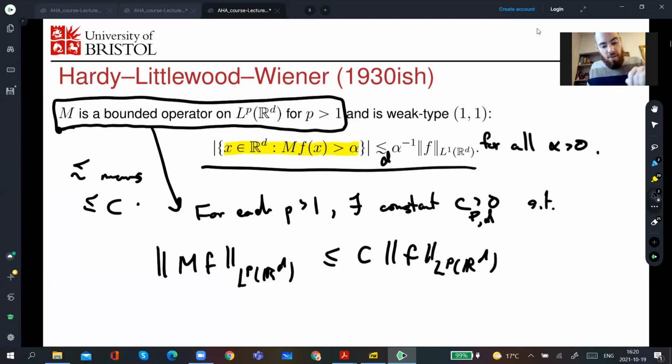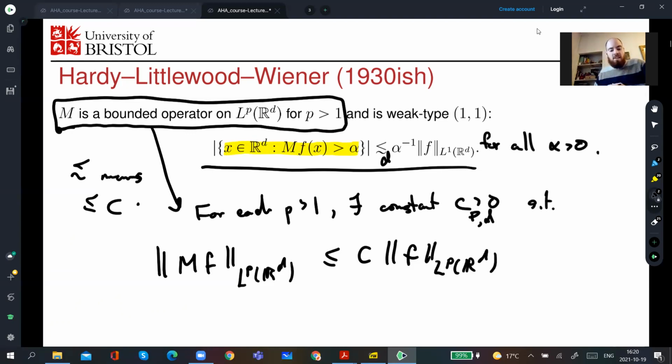So you look at the super level set and you take its Lebesgue measure in Rd. That is bounded by the inverse of alpha times the L1 norm of f.